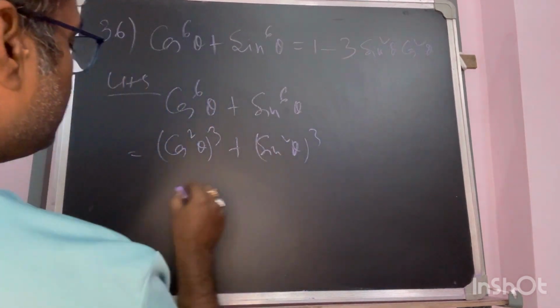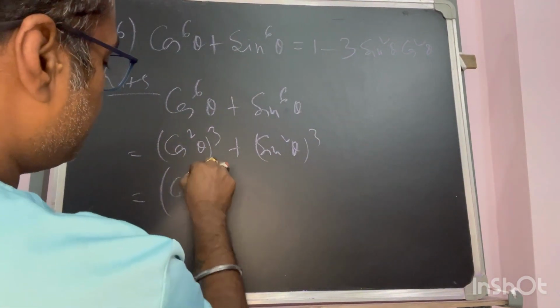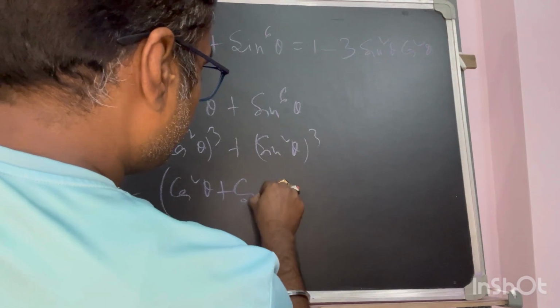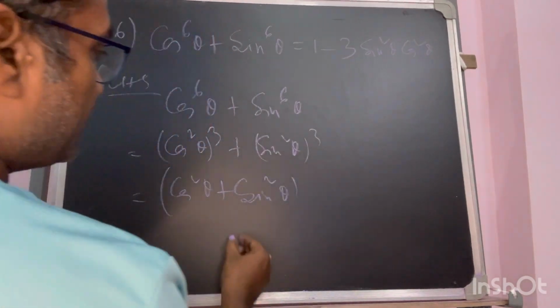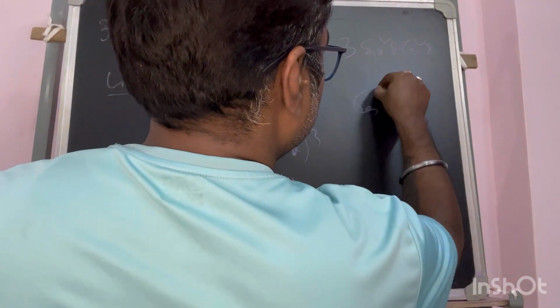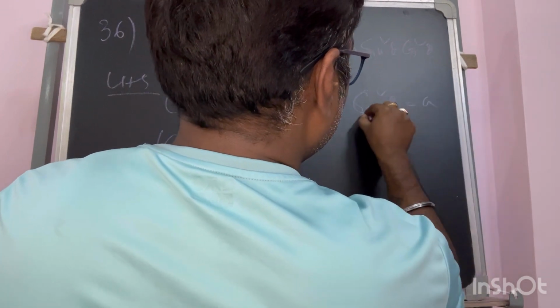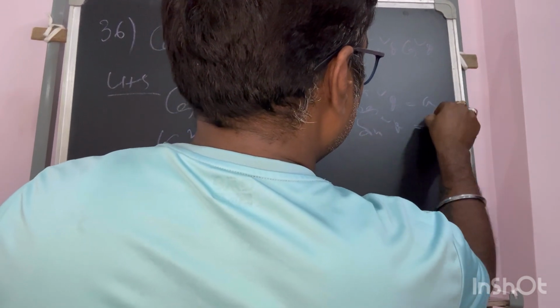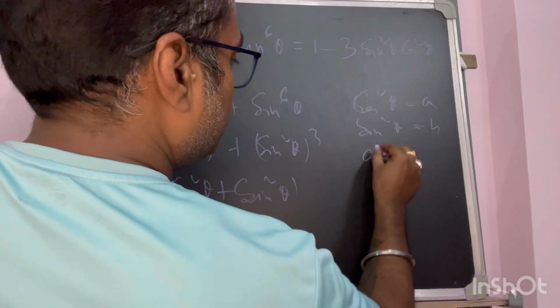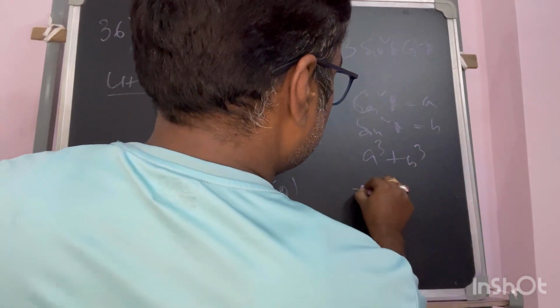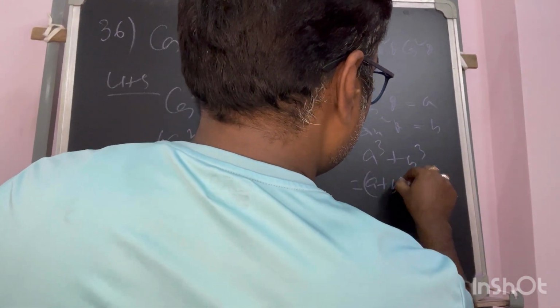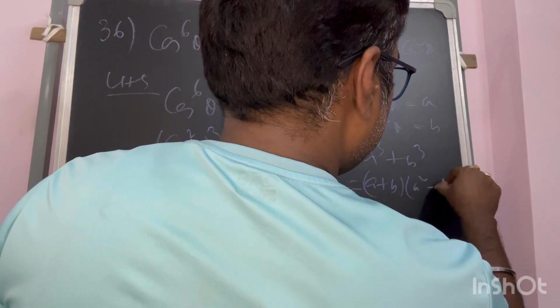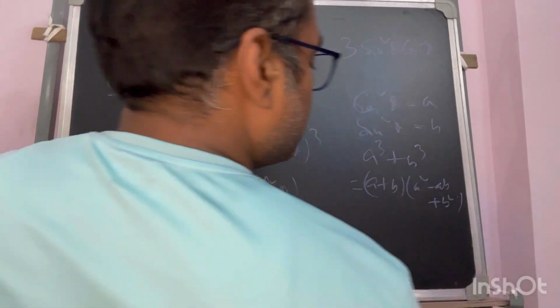So a cube plus b cube, that means a plus b, because I'm taking cos square theta as, let's say, a, and sin square theta as b. So that will turn into a cube plus b cube, which is a plus b into a square minus ab plus b square. This will be the formula.